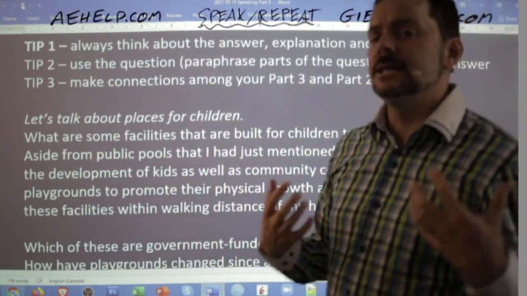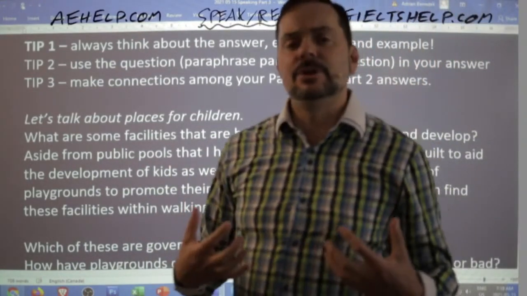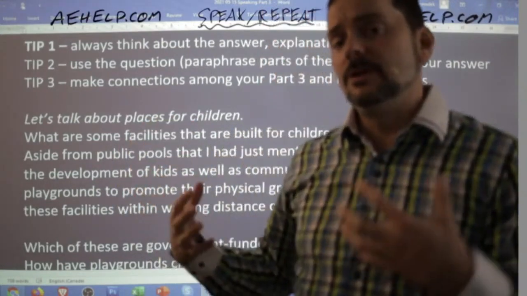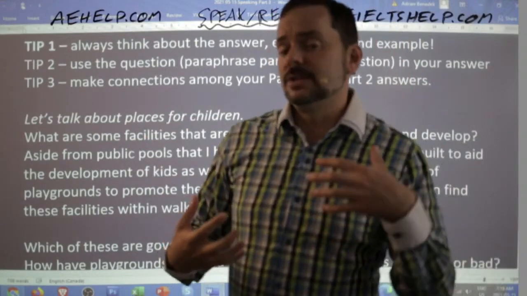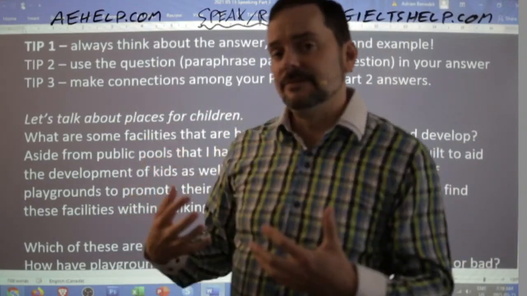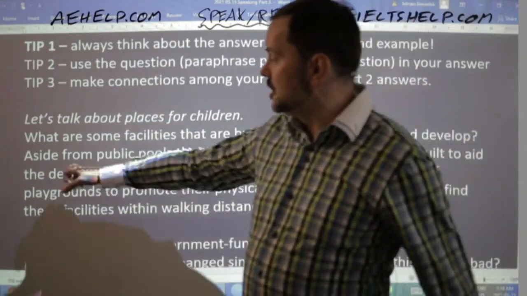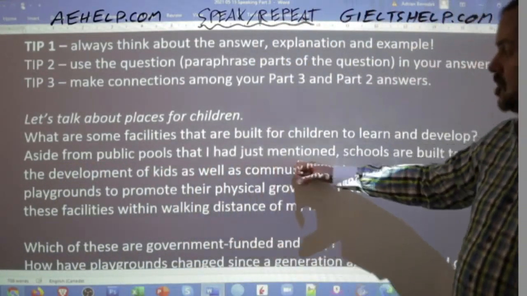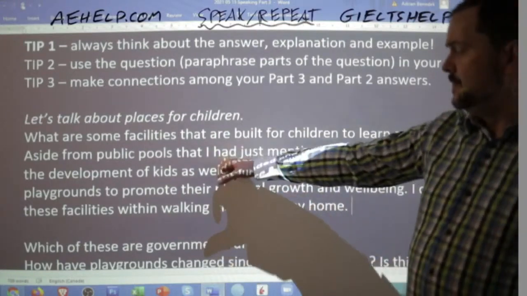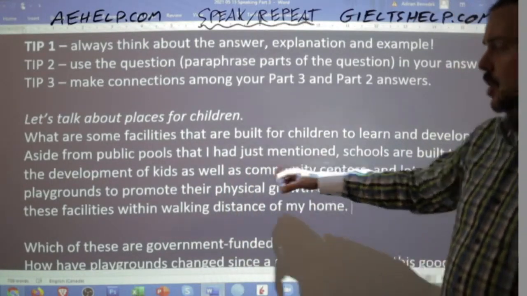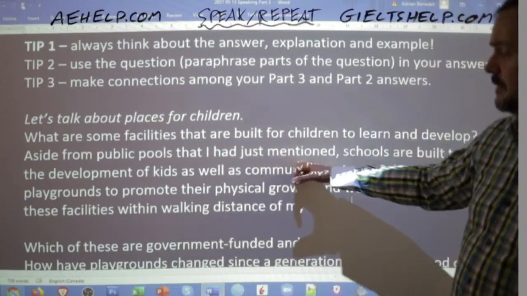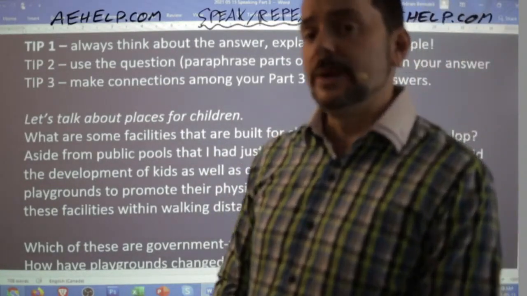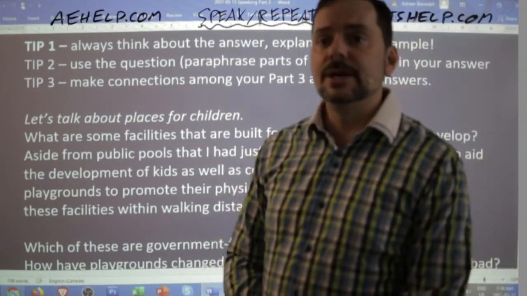So immediately I'm showing the examiner that I'm recognizing that part 2 and part 3 are related. This is a conversation. We're getting into detailed information, and I'm making that connection aside from public pools. And notice this, that I had just mentioned. This is past perfect. So by using this kind of a phrase I had just mentioned, you're picking up grammatical range and accuracy points right away.